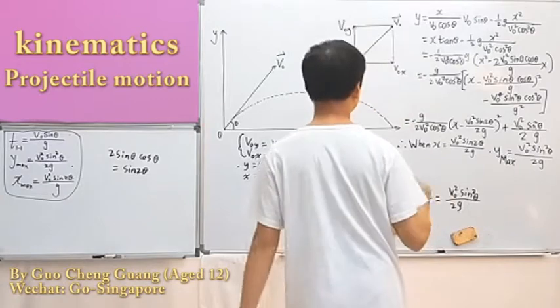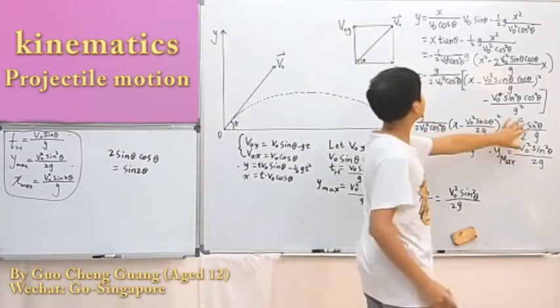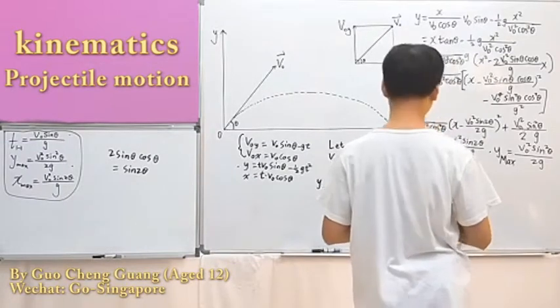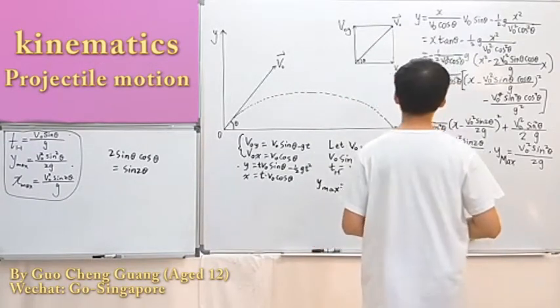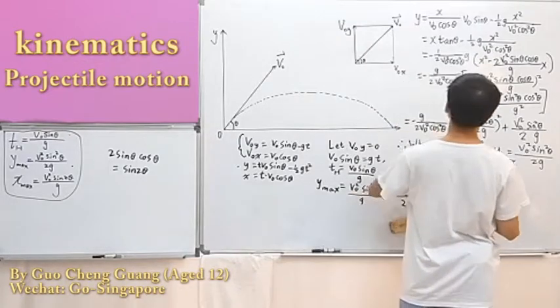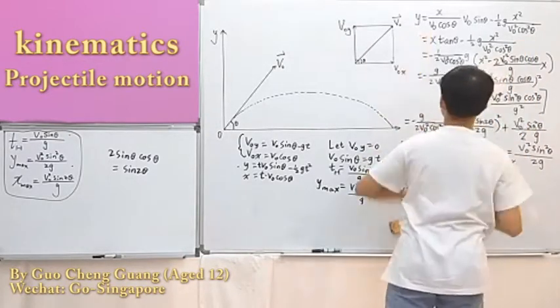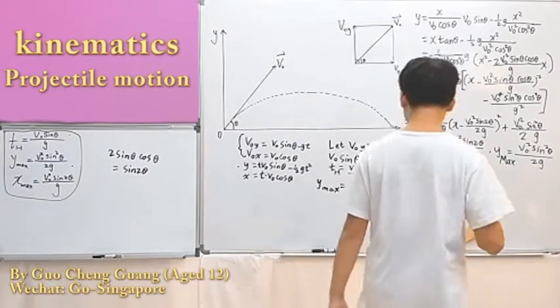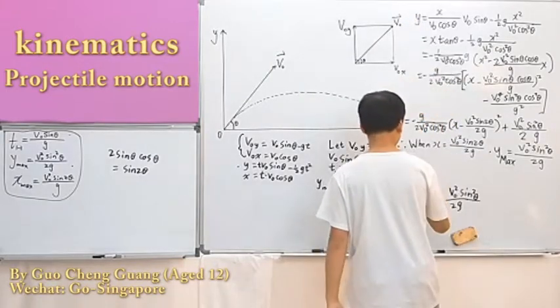Let's check for something else. So we have already used this part. Are there any other parts that we could use? How about in this part? It looks like we could use it together with this y. Let's try that.